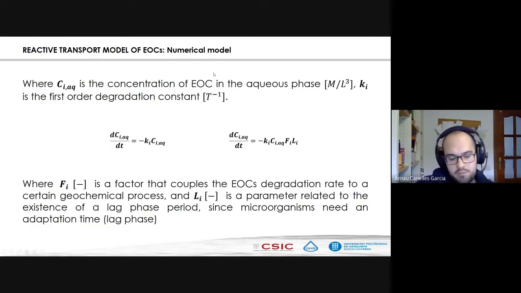Apart from sorption, we defined as well the degradation of these compounds. Some of them, not all of them, are degraded, as we will find from now on, but we considered some kind of first order degradation.